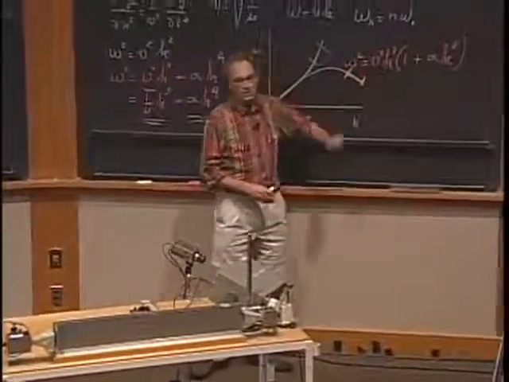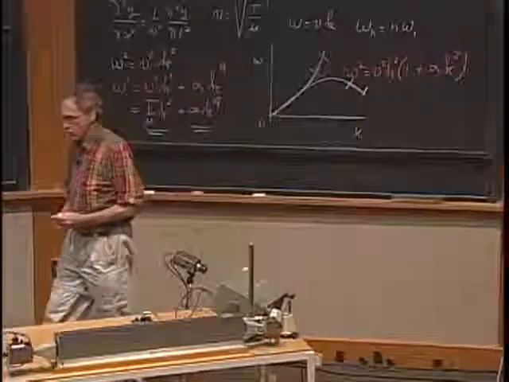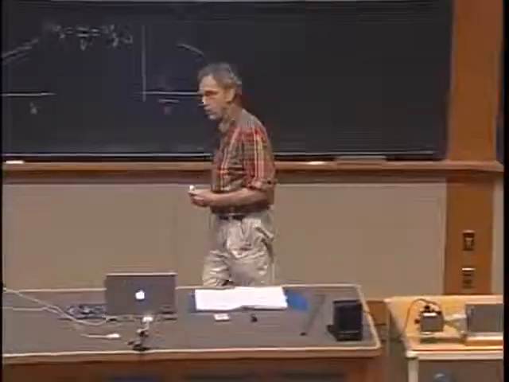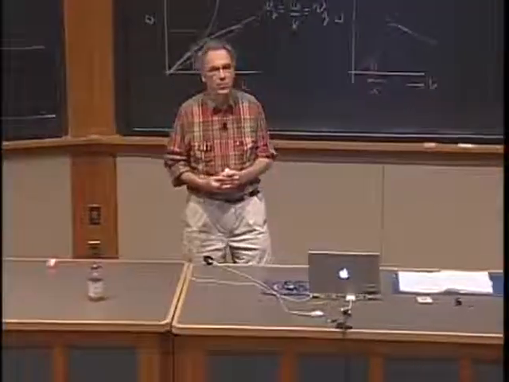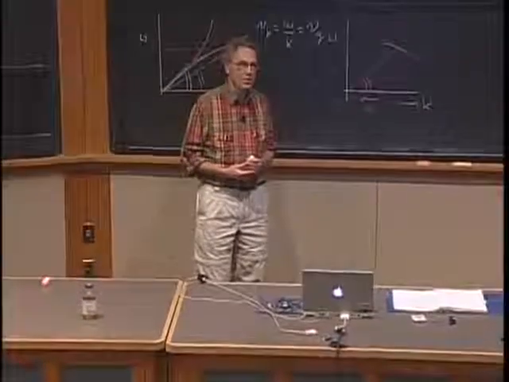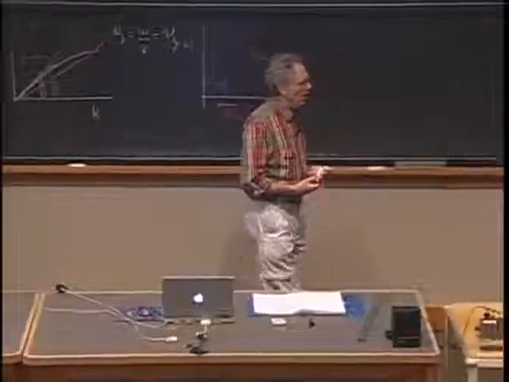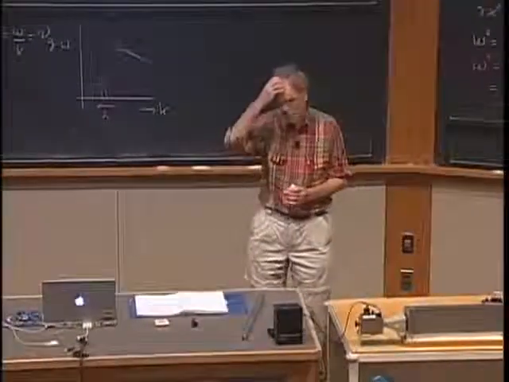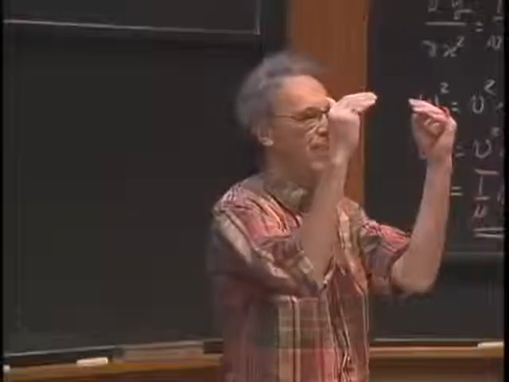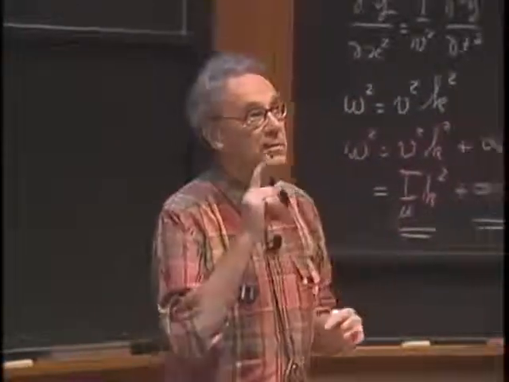This toy model will be used to do the Fourier analysis of a square wave. I will first show you the square wave the way I showed it last Tuesday when there was no dispersion. You will see the evolution in time. And I waited half the period of the fundamental when the square wave came out upside down. I will show you that to remind you of what that was like.